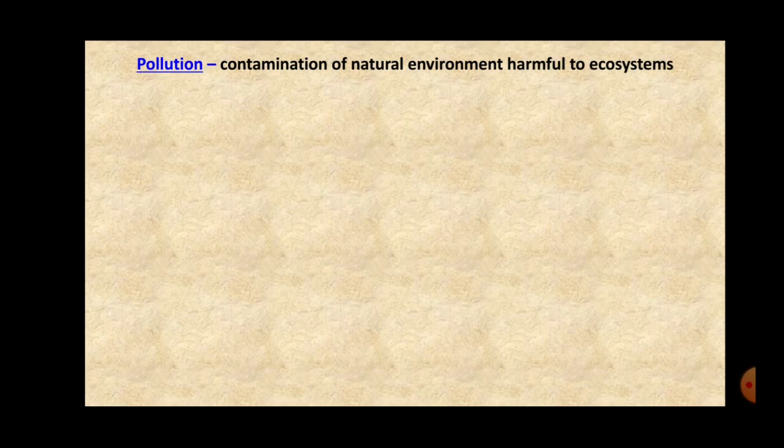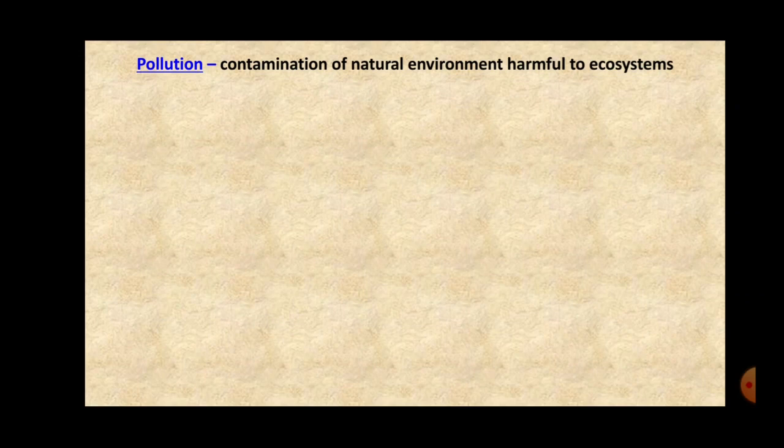The living organisms cannot survive without non-living factors, whereas even the non-living factors cannot continue without the help of living organisms. So the interaction between the living and non-living organisms is present in the ecosystem, in the environment, right?